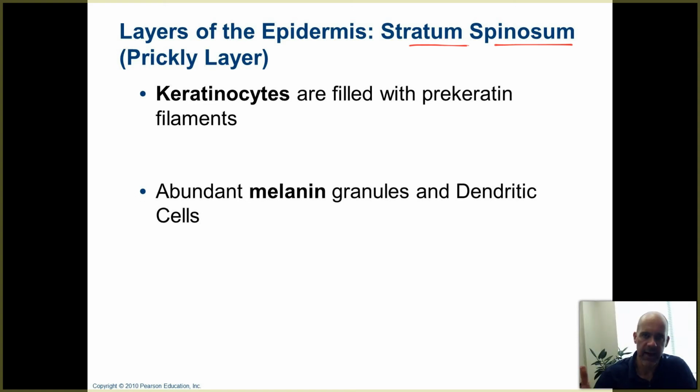So your main cell type in that area. Now, there's a difference between tissue names and cell types. So the tissue name for the epidermis is a type of stratified squamous epithelium. The cell name, most of the cells in the epidermis are keratinocytes, and the keratinocytes have a flat shape.